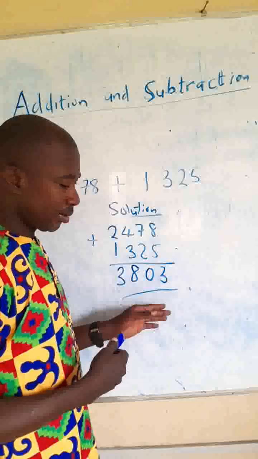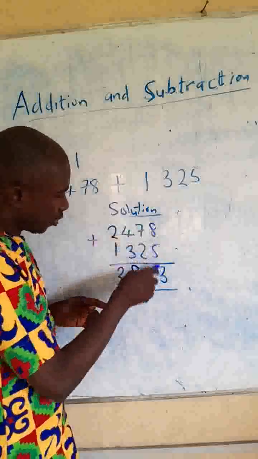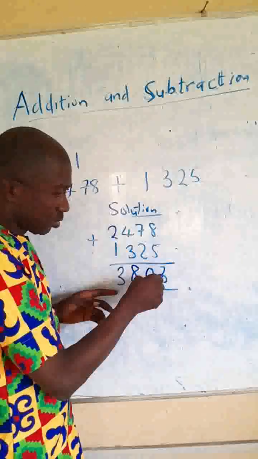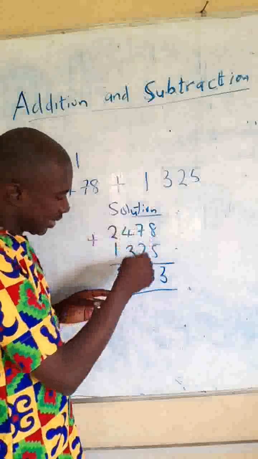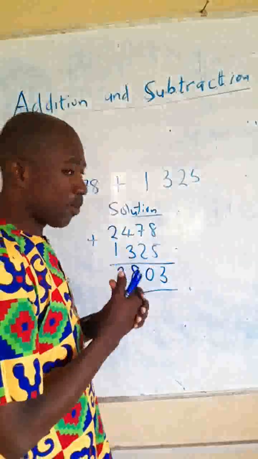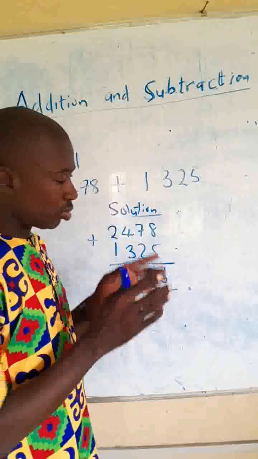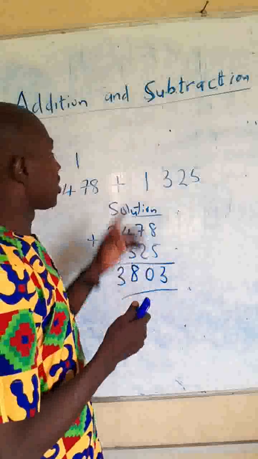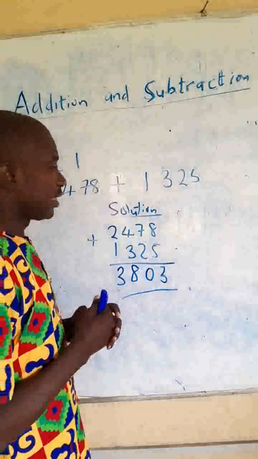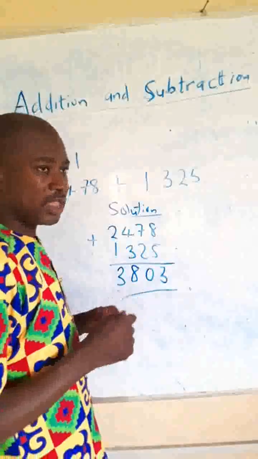If you check very well, this is under units, this is under tens, this is under thousand. It's arranged carefully. It's among the rules that will guide you in adding and subtracting numbers. Thank you. Now let's go to example number 2.